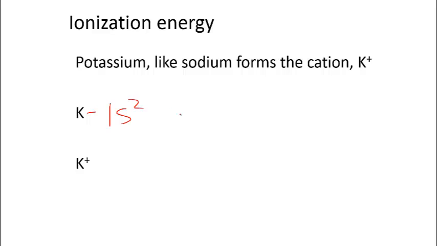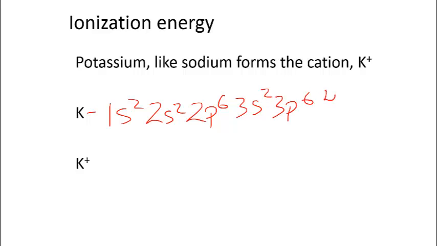Potassium in its ground state will have an electron configuration equal to 1s2, 2s2, 2p6, 3s2, 3p6, 4s1.